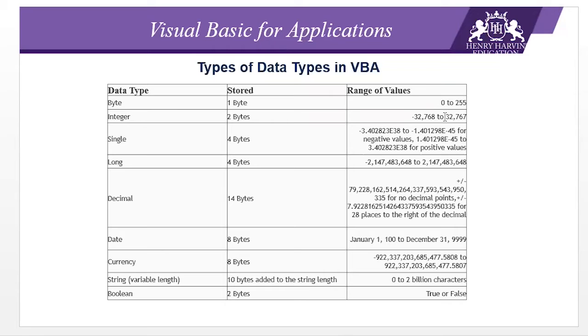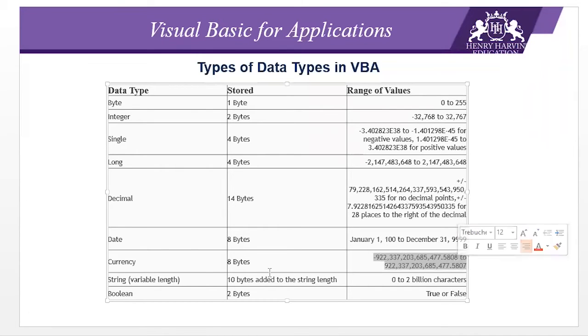It will throw an error, overflow or something. Remember, date should be date, and currency is 8 bytes. We have these character holding limits, and this much data the computer memory can store, and string and boolean, guys. These are things required when you do any kind of coding.